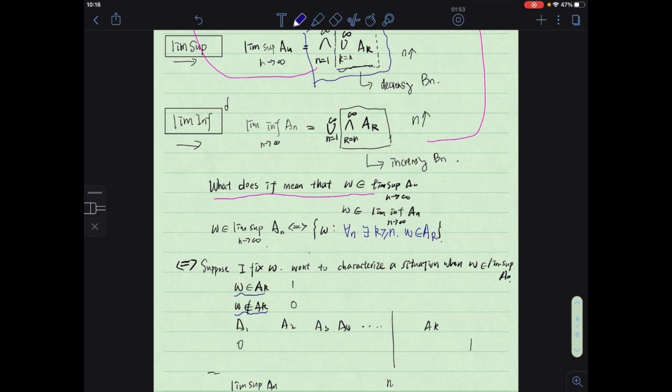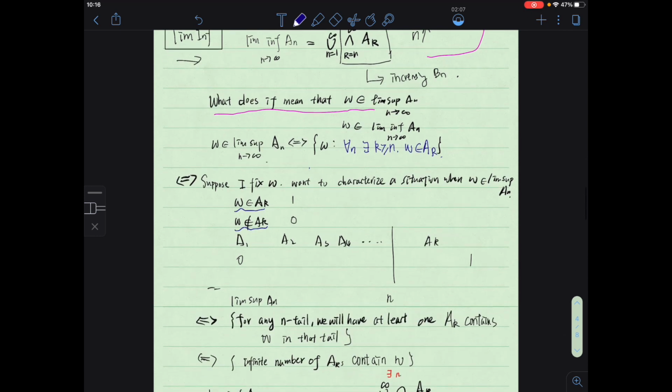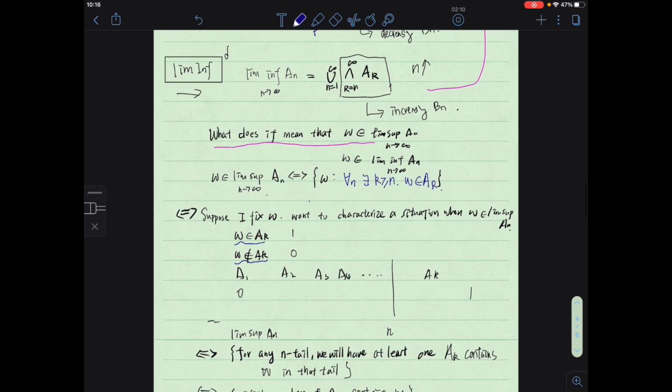So basically for any n, there exists k greater or equal to n such that omega belongs to AK. This is the same as saying for any n tail, we need to have at least one AK contains omega in that tail, right?